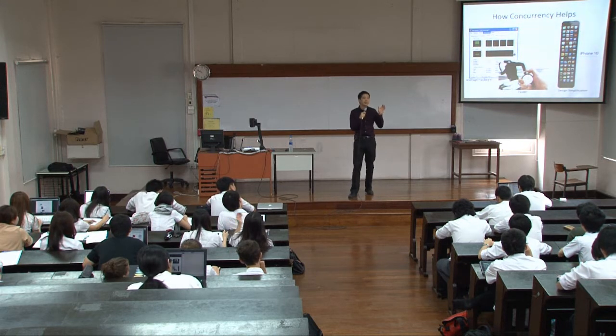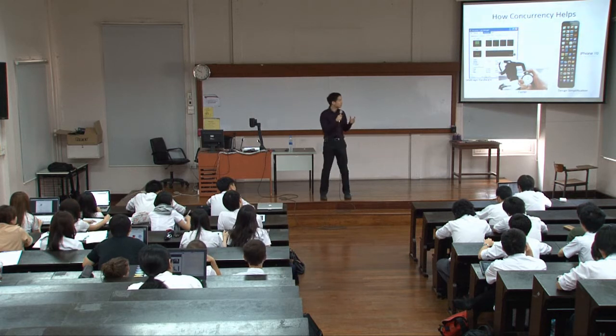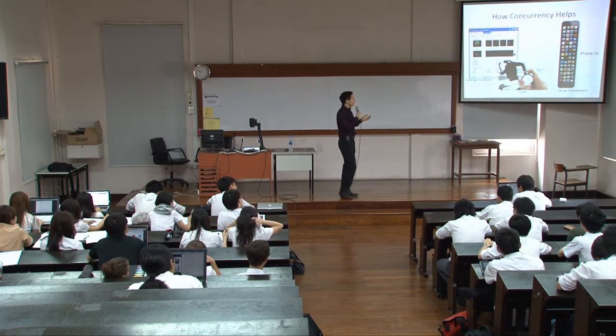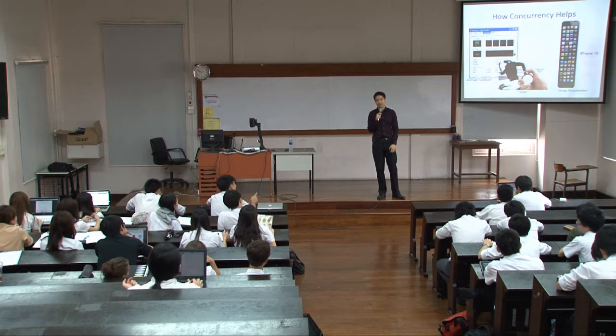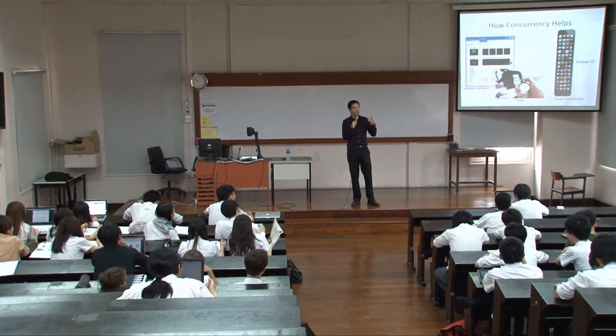And lastly is design simplification. What do I mean by design simplification? So I have here an example of the next generation iPhone 10, right? So how many apps does it have? A lot. You can say a lot. You don't have to tell me the exact number.